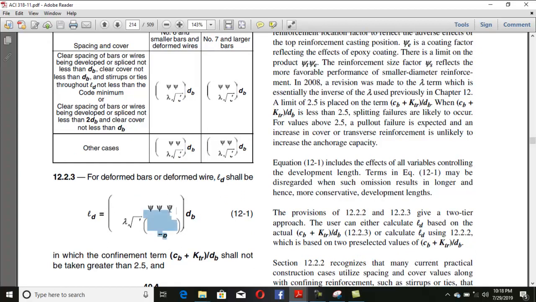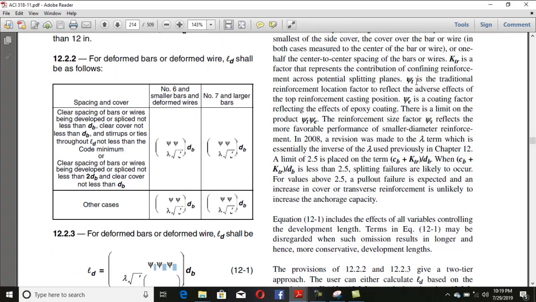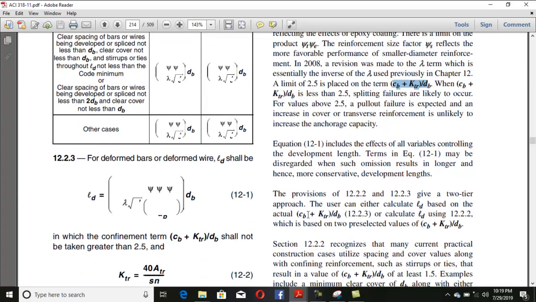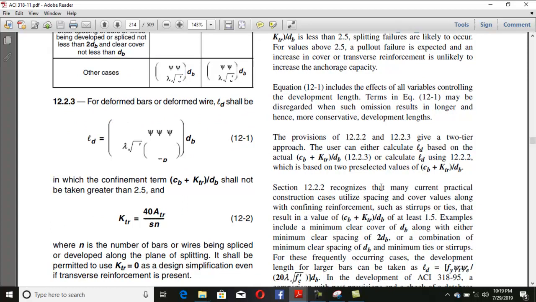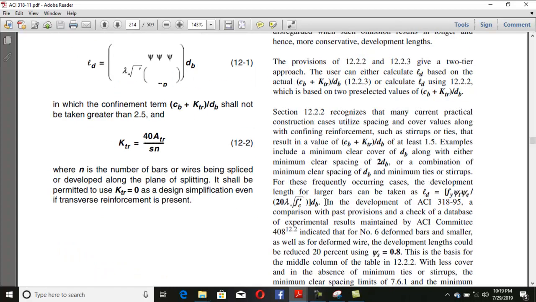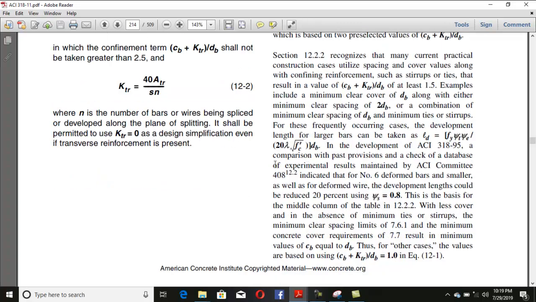These psi factors will be explained in that formula in the coming session, and you will see what psi t, ktr, psi t and psi e are, how much their values are. You can learn a lot about these things from this formula, from this manual.